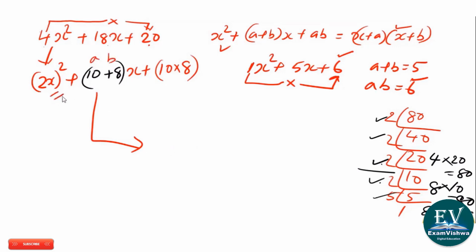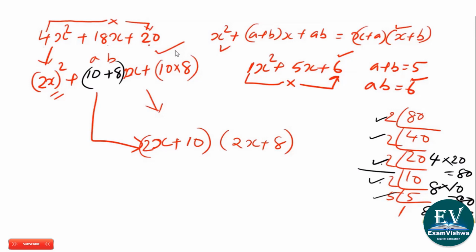Here x is 2x, so in place of a we write 2x plus 10 and 2x plus 8. This will be the way of factorizing this particular expression, right?